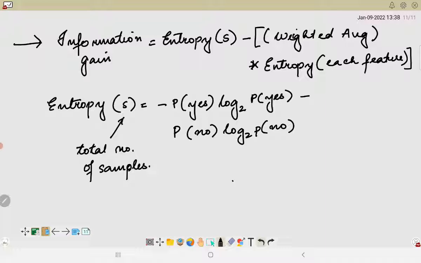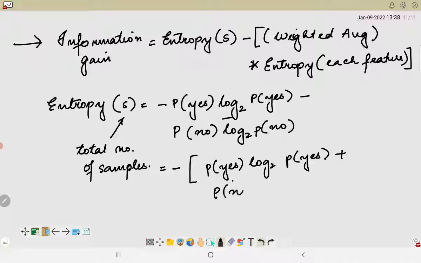P of yes is the probability of yes, and we are using log base 2, and P of no would be the probability of no. So we can also take the minus common here, and we can write it down as minus P of yes log 2 P yes plus P of no log 2 P no. So this is basically how we can represent the entropy.